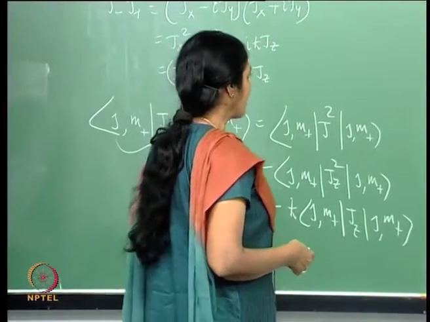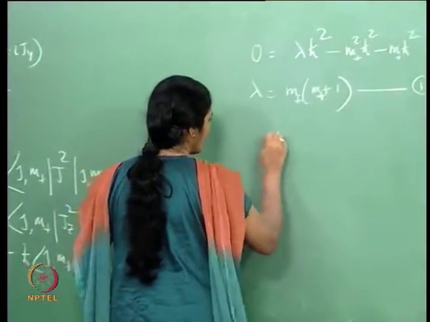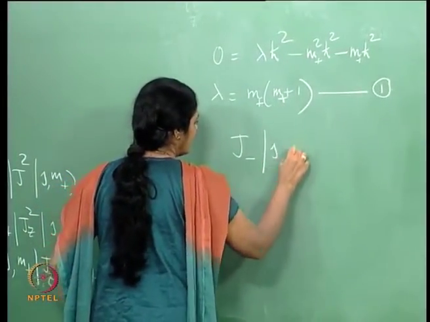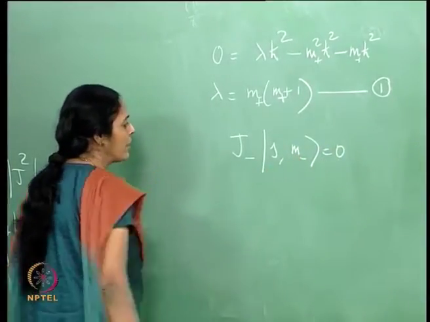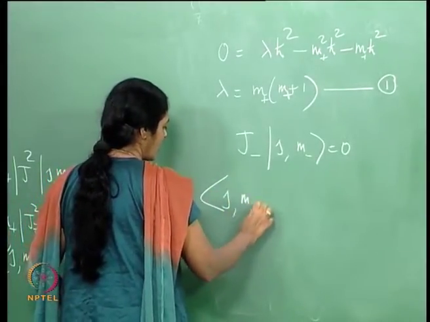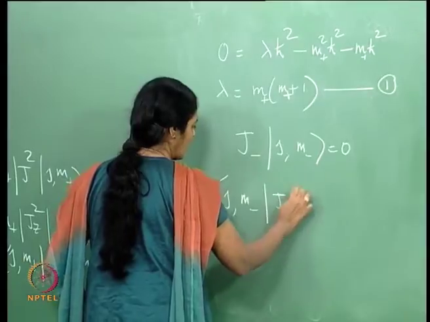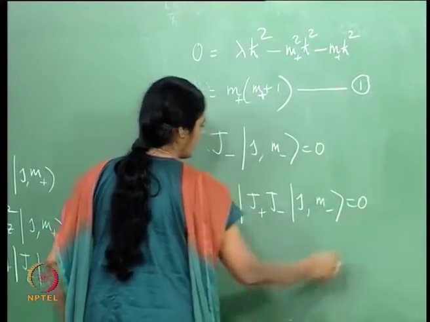I can repeat this calculation starting with the fact that j minus acting on the state j comma m minus is 0. Therefore, I have this object to be 0.